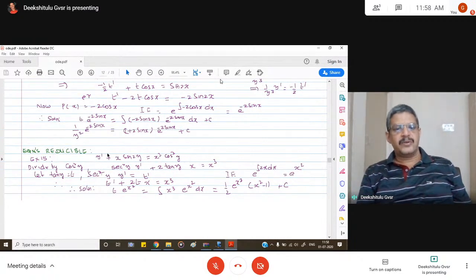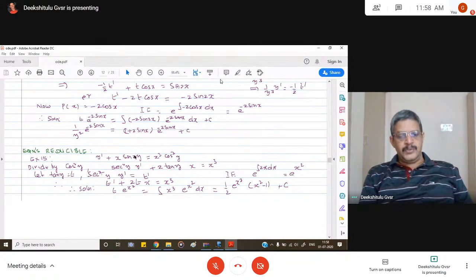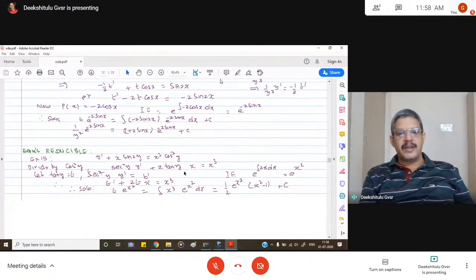When you divide throughout, you get 1 by cos square y, that is secant square y, into y dash plus x sin 2y. Sin 2y is 2 sin y cos y by cos square y. We can cancel the cos y in numerator and denominator. So in the numerator we will be left with 2 sin y divided by cos y. So that is 2 tan y into x is equal to x cube.